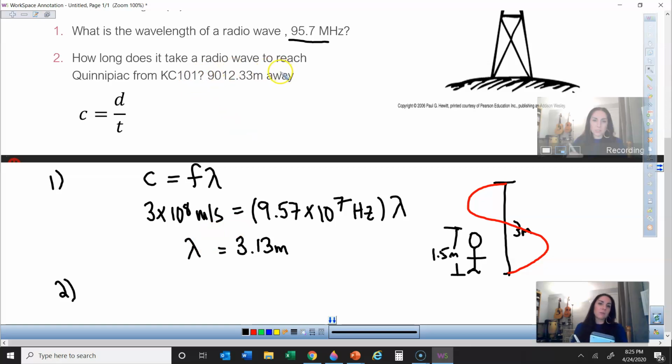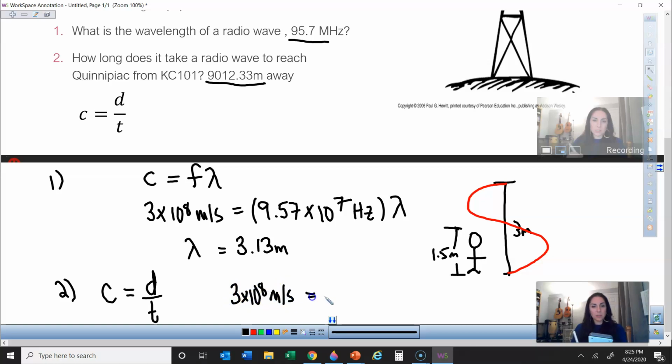And then how long does it take the radio wave to reach Quinnipiac? So, of course, I did this. I Googled the actual mileage and then converted it into meters to find this out. Since it's the same speed, we're going to use c here, and then I have the distance. Let's see how long it takes.